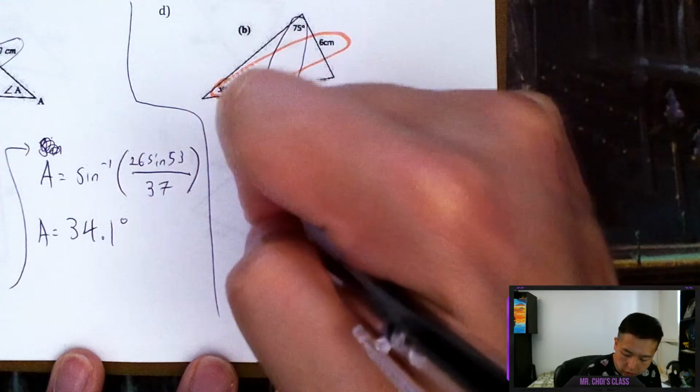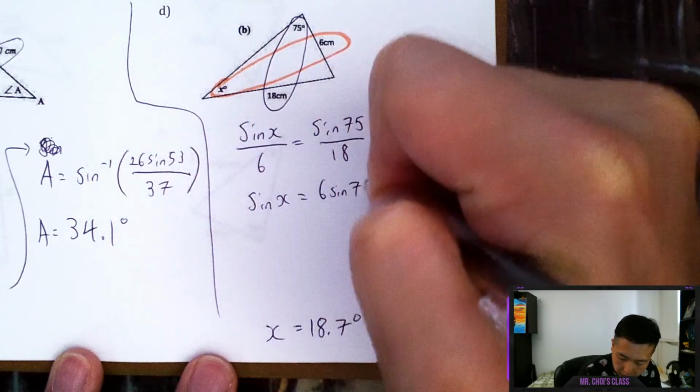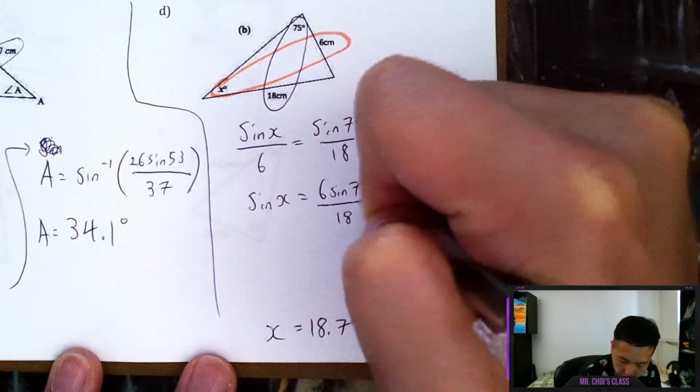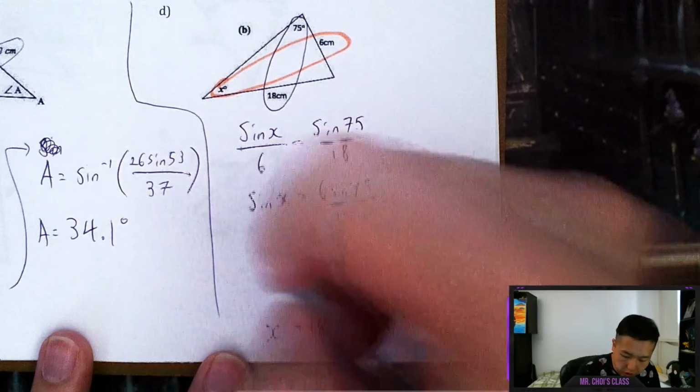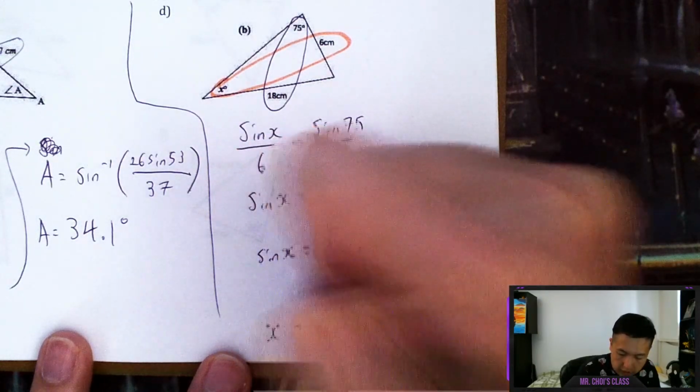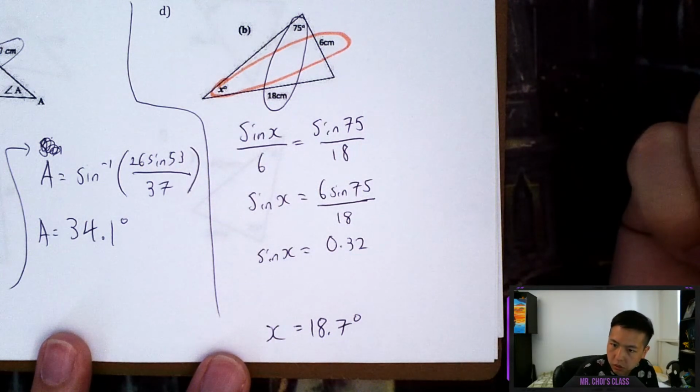Moving things around, we get sine x is equal to 6 sine 75 over 18. If you solve this fraction here, you should get approximately sine x is equal to like 0.32, I believe, around this value.